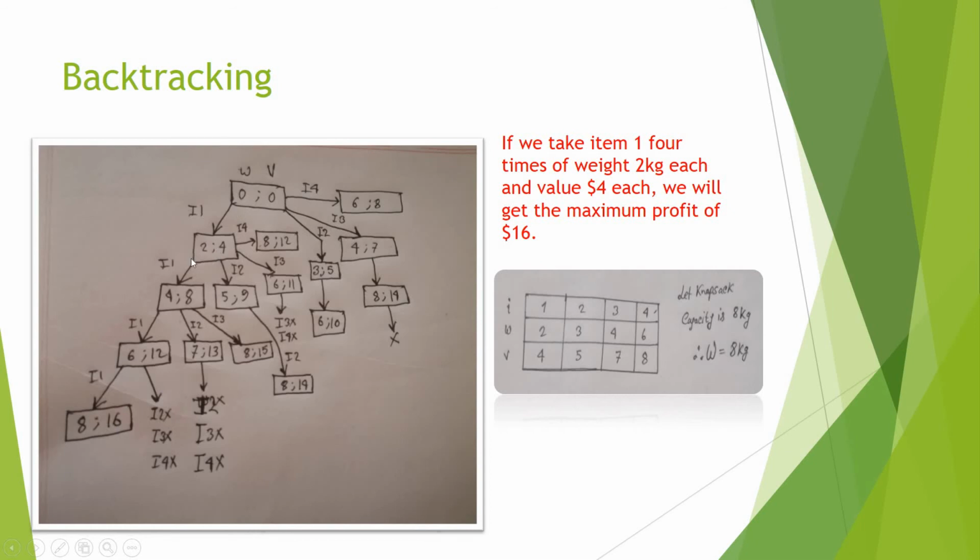If you are taking item 1, then item 2, then again item 2, we are getting a profit of 14, and the maximum weight capacity is reached.